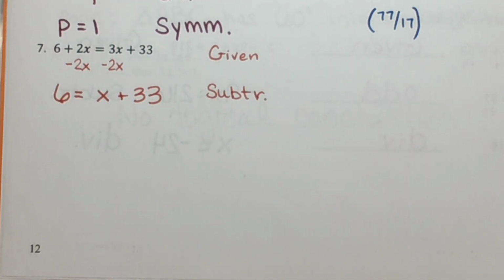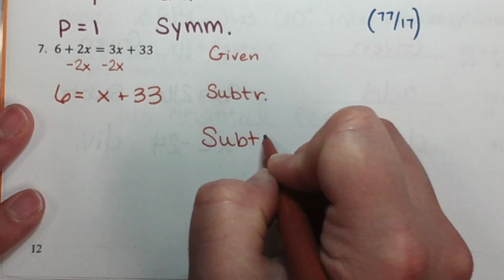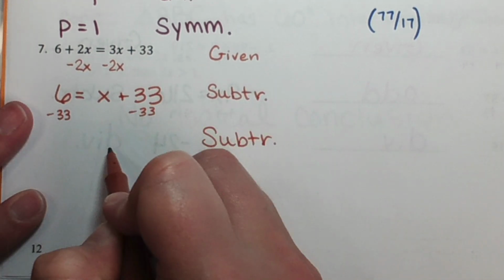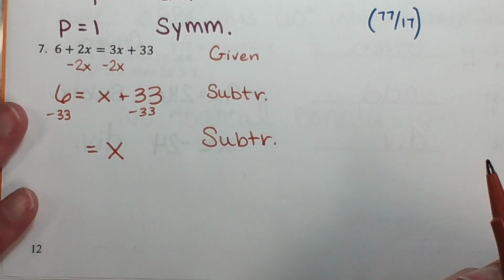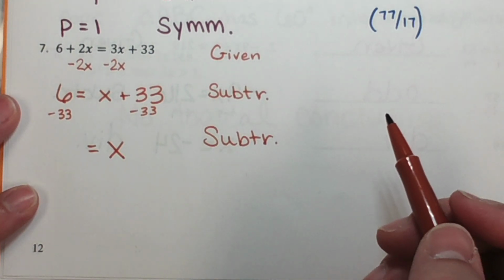Next thing we would do is subtract again. X is left on the right side. 6 minus 33, negative 27.